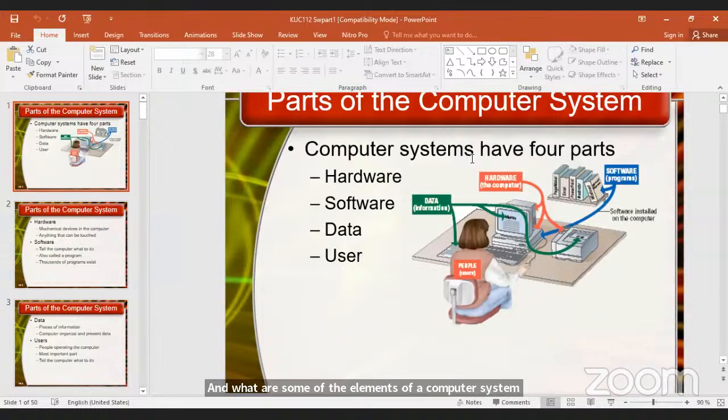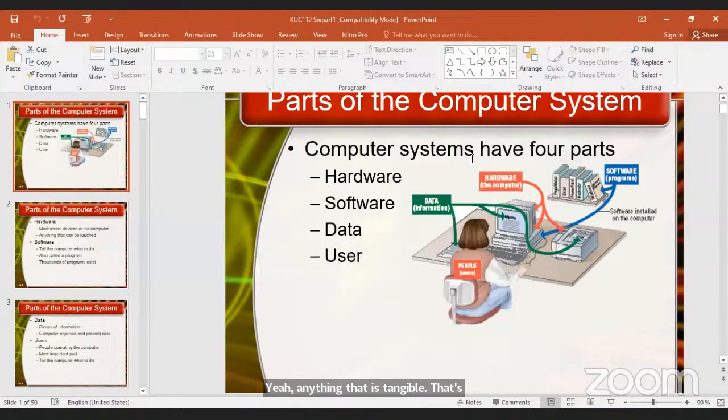So a computer system has 4 parts or 4 elements. We have the hardware, software, data, and the user. The hardware is the visible or tangible parts of the computer: input devices, output devices, a system unit, memory, anything that is tangible falls under the hardware.